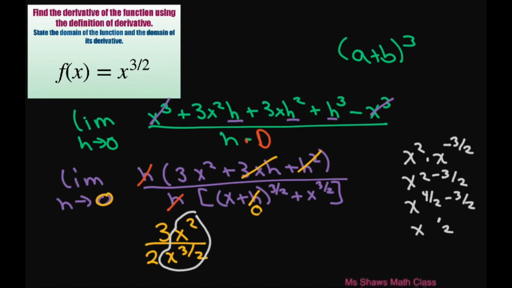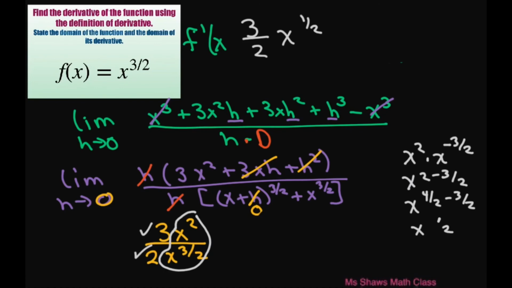So my final answer is going to be 3 halves, because we still have the 3 and 2, times x to the power of 1 half. And that is your f prime of x using the definition of the derivative. You could also write this as 3 halves times the square root of x.